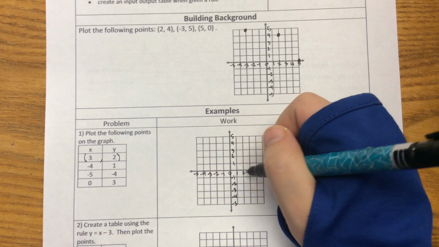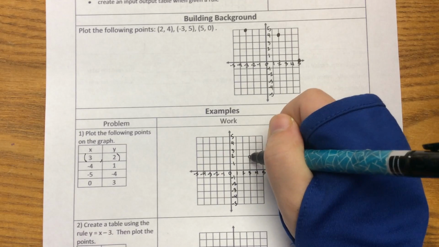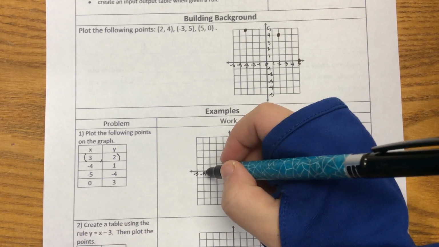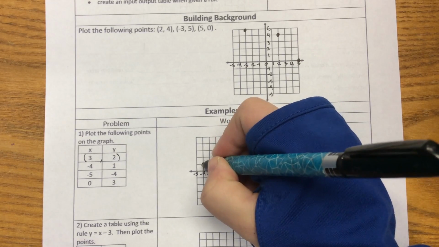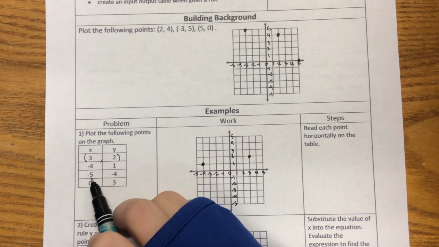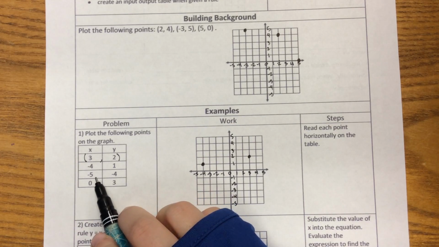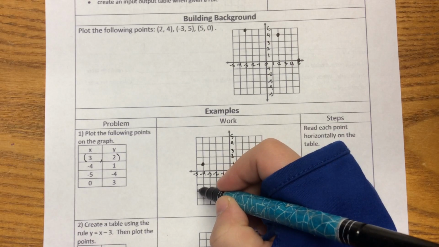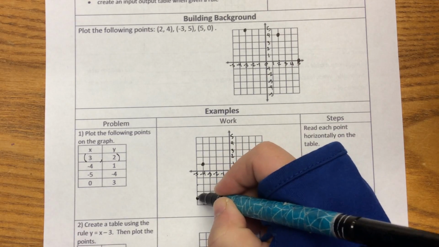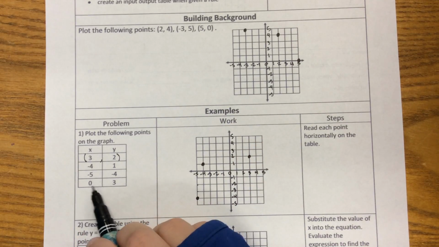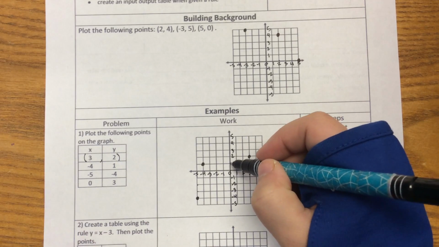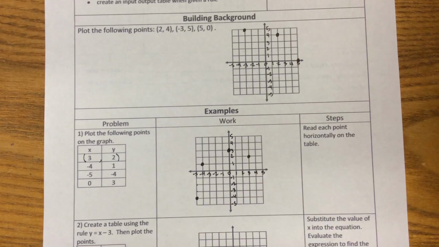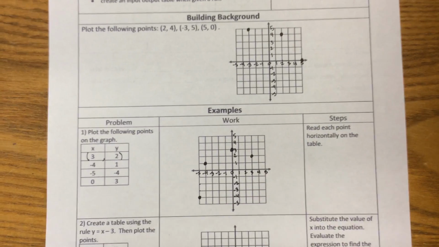Okay, so 3, 2 would be right 3, up 2. Then we have -4, 1, so I'm going to go left 4, up 1. And we have -5, -4, so left 5, down 4. And then 0, 3. So 0 is on my X, 3 means go up 3. Okay, and that's my graph for number 1.